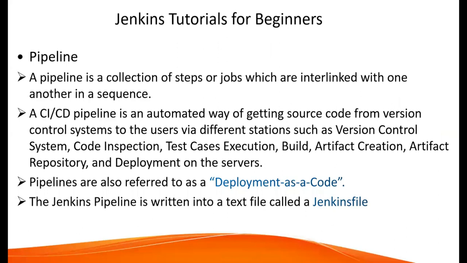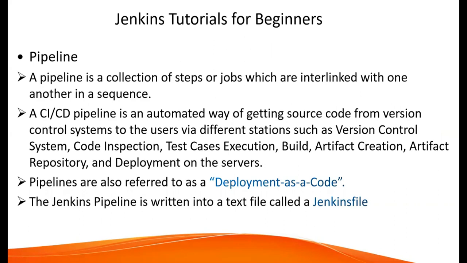So what is a pipeline? A pipeline is a collection of steps or jobs which are interlinked with one another in a sequence. In short, it is a collection of steps or sequences which need to get executed, right?